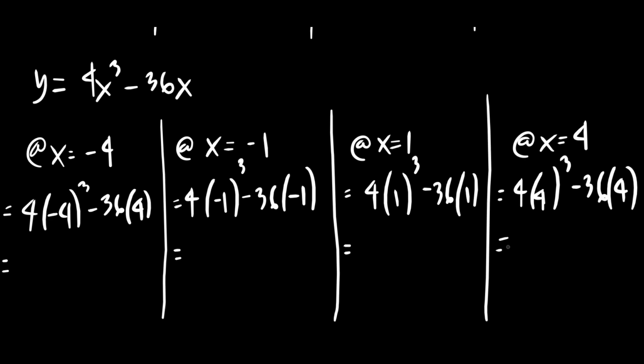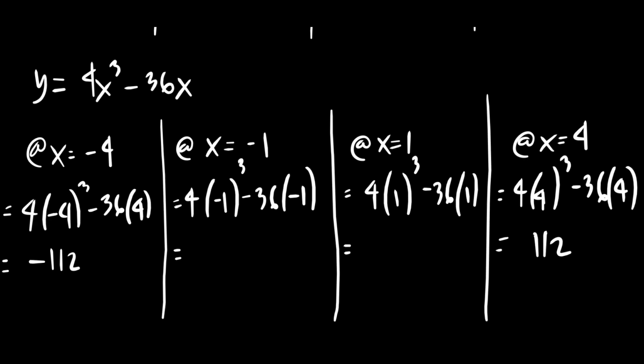So we have 4 multiplied by negative 4 cubed minus 36 times negative 4. So we'll have negative 112 for x equals negative 4. Let's say for positive 4, it's positive 112.